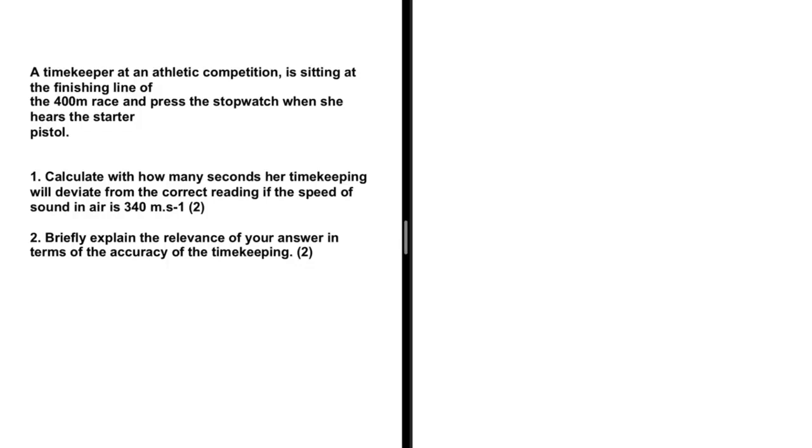We have a 400-meter race. Let's take this point as our starting point and here as our finishing point. So this is 400 meters. Let's read through the question statement again. A timekeeper is sitting at the finishing line of the 400-meter race. If the race is starting here, this is where the timekeeper is, at the finishing line.